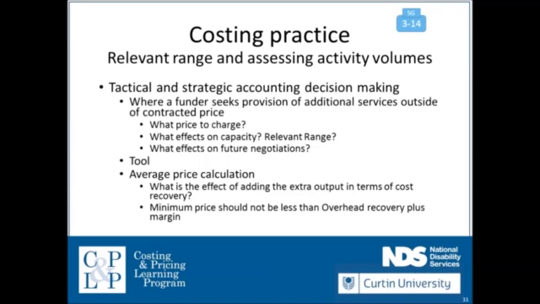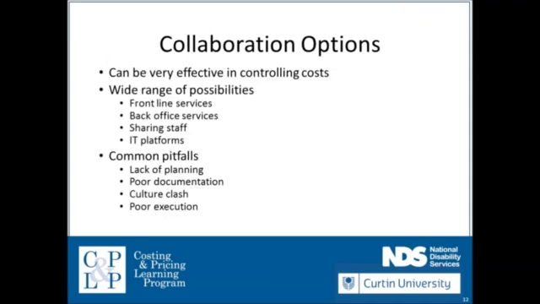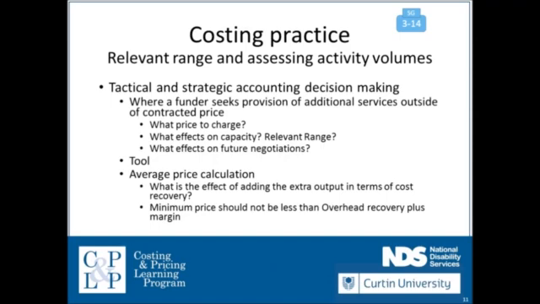That is, when you undertake your mission services, not only do you want to make sure that you have at the aggregate level that financial sustainability, but you also want to make sure that those mission-centred services don't inadvertently push you outside of your relevant range, and that's a really important idea.